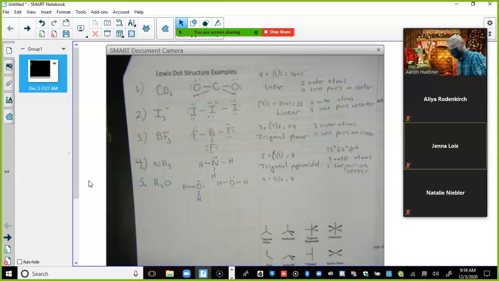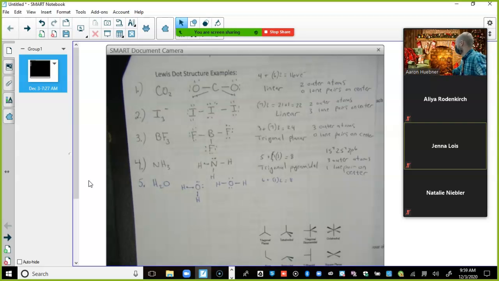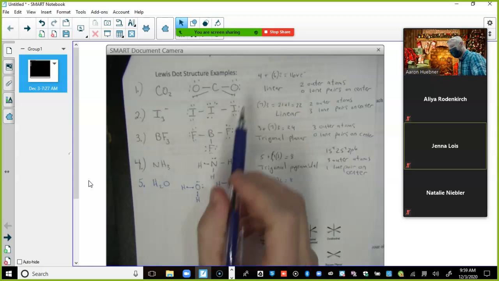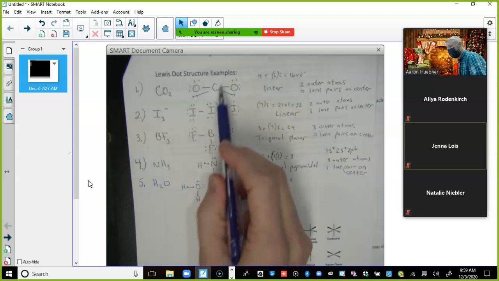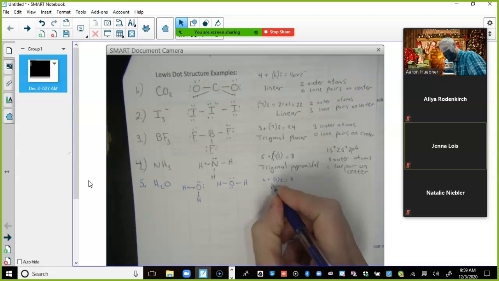Alright. And then the shape, if I have 2 outer atoms, it's either bent or linear. And we said that linear has 0 lone pairs on the center. So if it has lone pairs, then it's got to be bent. So we're going to call this bent.